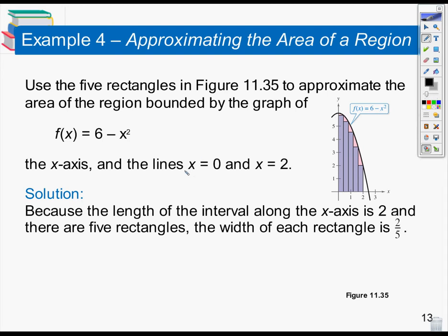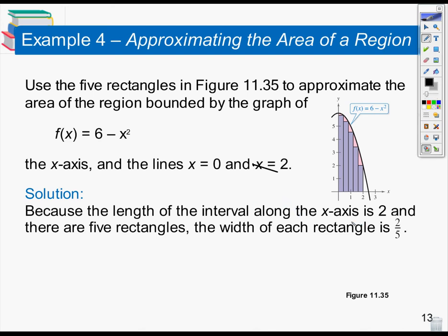We're looking at a function, 6 minus x squared, and I'm going to bound it at x equals 0, so that's my a. X equals a will be right here. I'm also going to bound it at 2, so I just want right here as well. So what I'm going to do is try and basically do a base times height type formula, but I'm going to have to adjust it.